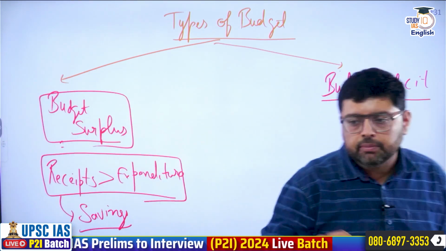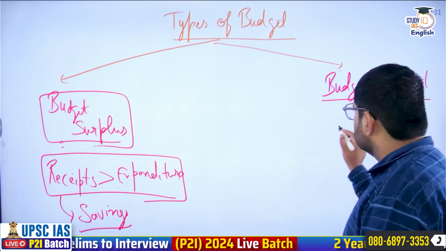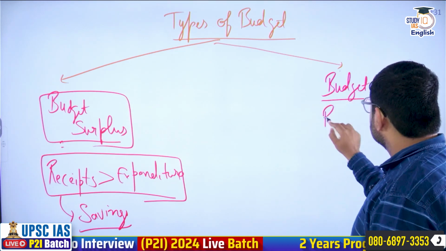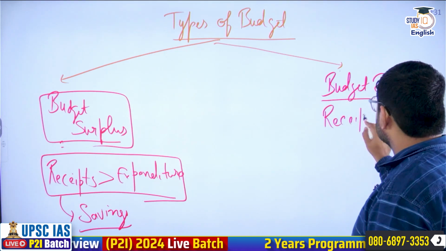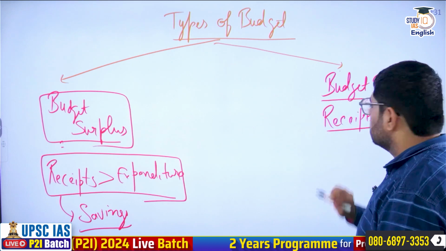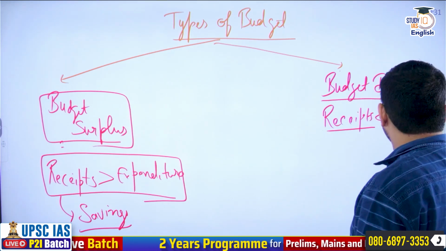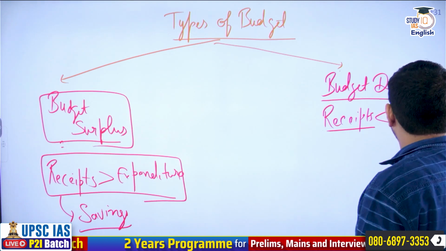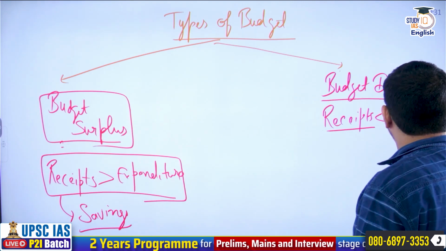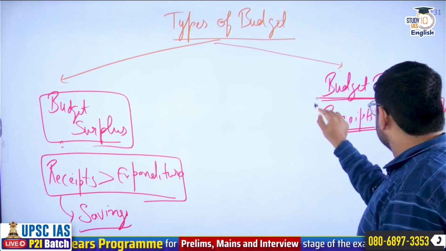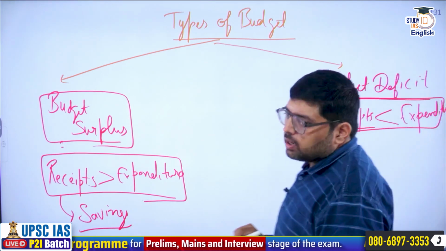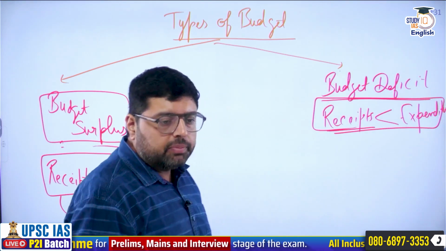Similarly, when I say budget deficit, it means the receipts are less than expenditure. So what does it mean?